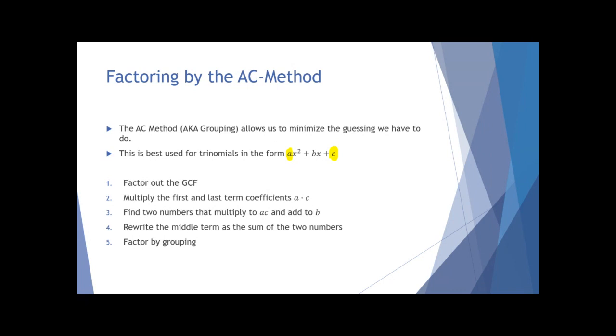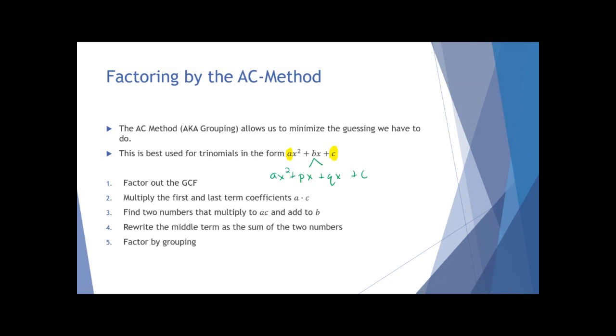Once you do that, you are rewriting your middle term so that it's those two values added together. You're splitting up your middle term so that it's, say, px plus qx, if those are the two numbers that you found.